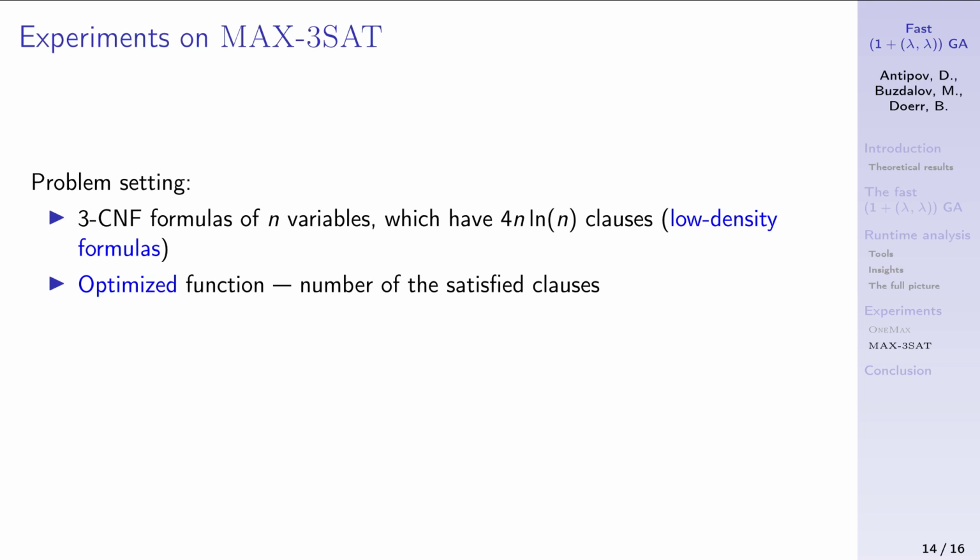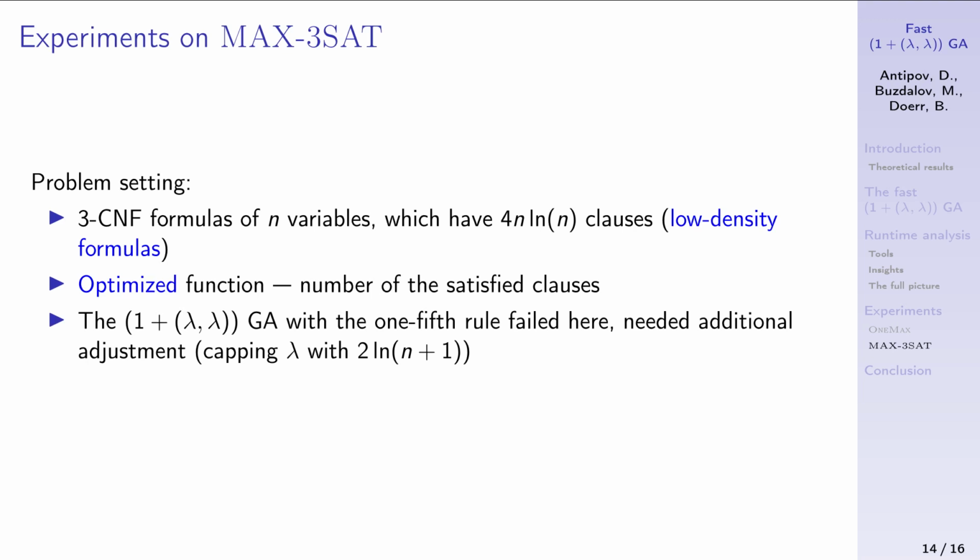We chose this problem partially because it has been previously studied in the context of the (1 plus (lambda, lambda)) GA, and it was shown that the 1/5 rule doesn't work here out of the box, and it just needed some additional adjustment, which was capping the value of lambda with 2 logarithm of n plus 1.